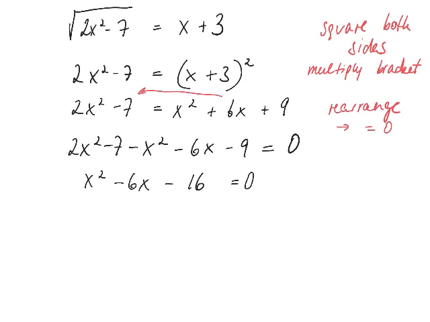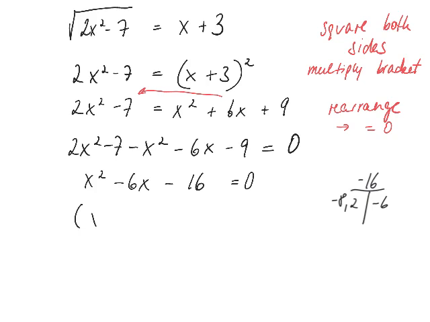I can use the minus b formula, but I think I'm just going to factorize it. We have a minus 16, and I think minus 8 and 2. Minus 8 times 2 is minus 16, and minus 8 plus 2 is minus 6. So I think these are the two numbers I'm looking for.